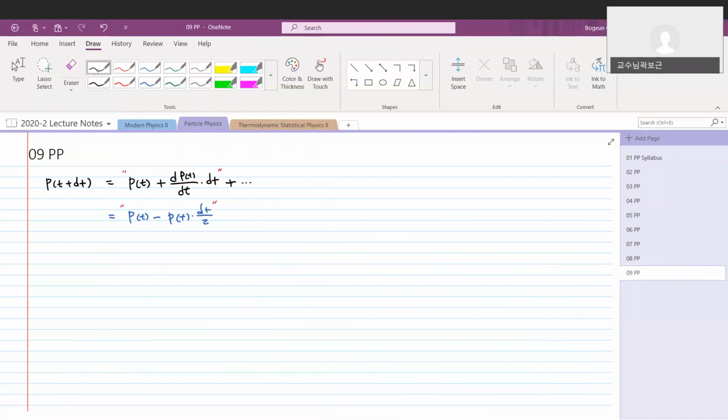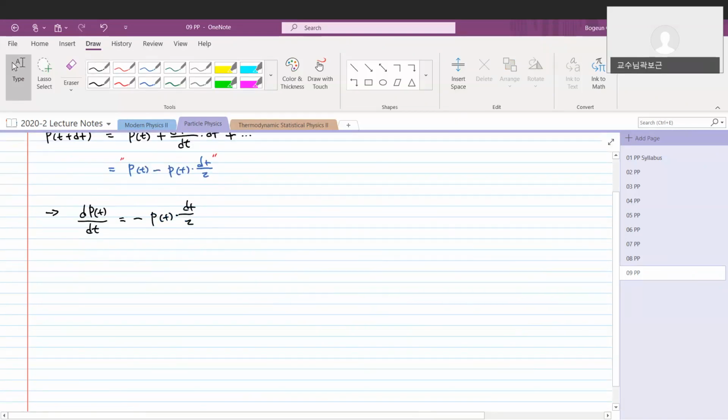Then you find from this equation that dP/dt equals minus P over tau. To do an integral, let's move P to the left hand side and t to the right hand side.